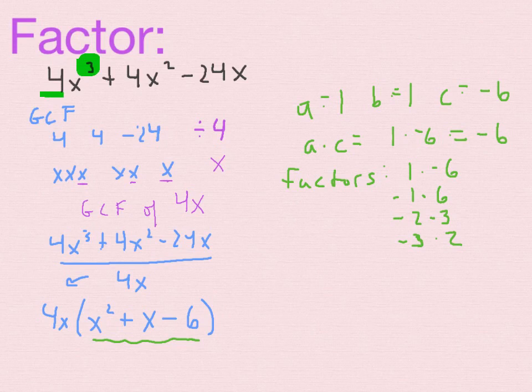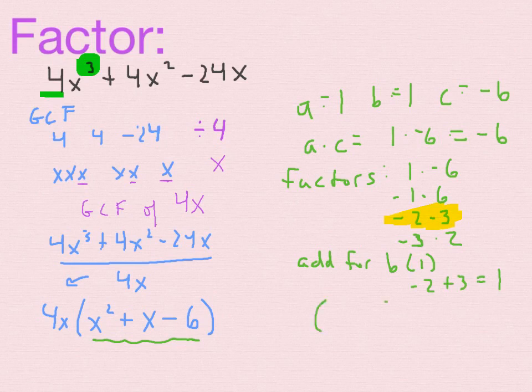The goal is we need to add to b, which is positive 1. So looking at what I've got there, positive 1 would come out of here. So negative 2 plus 3 equals 1.